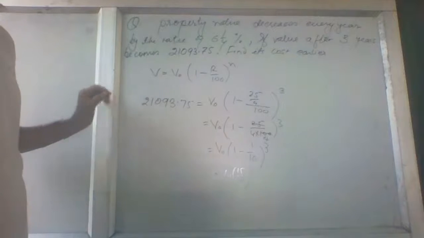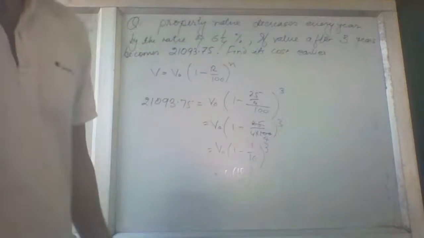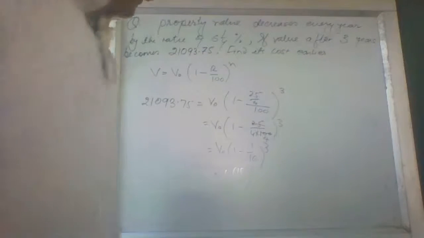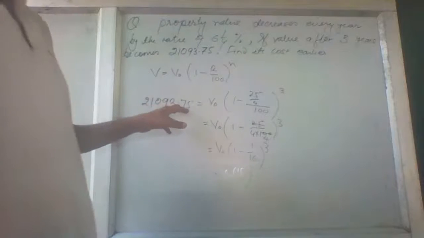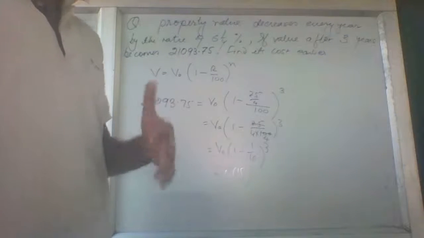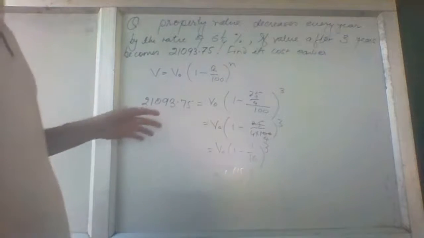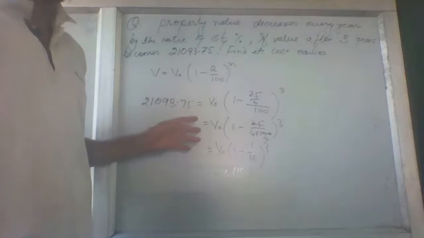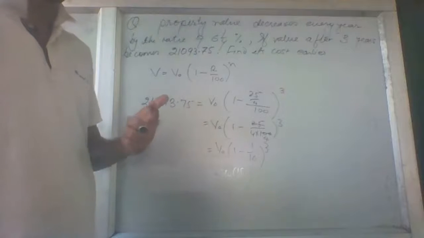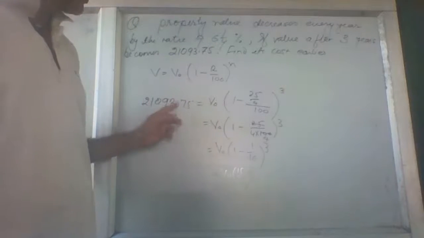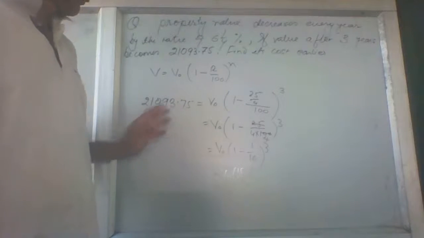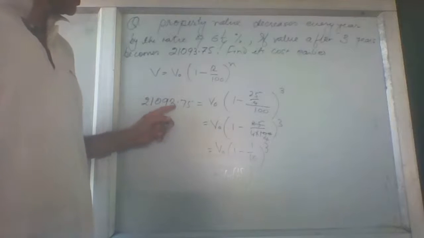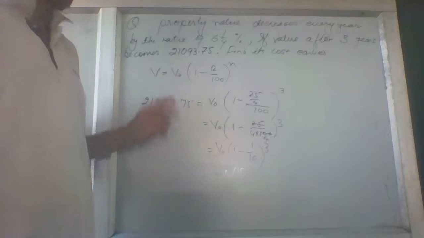Now how will we solve this out? There are two different methods. One method: convert 0.75 into a part of a rupee. 3/4 of a rupee is 75 paisa, so we can write 21093 and 3 by 4.